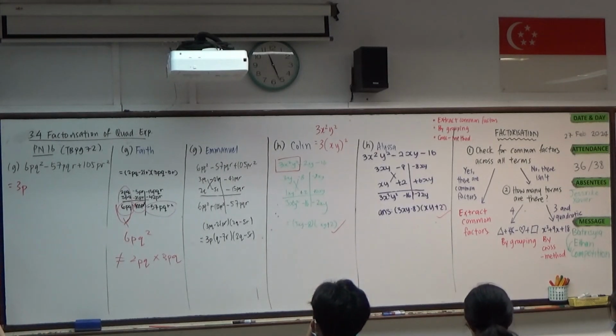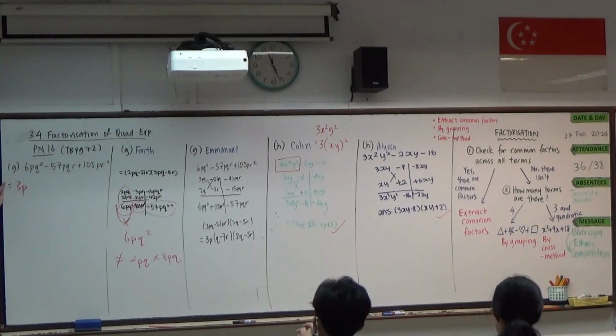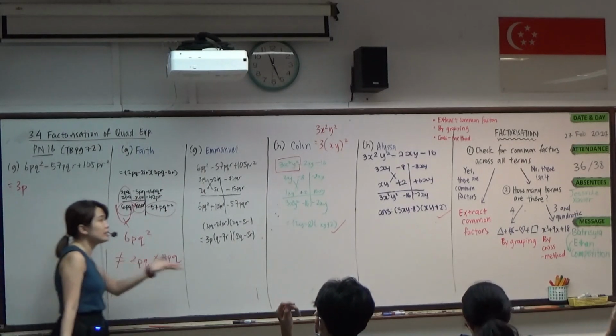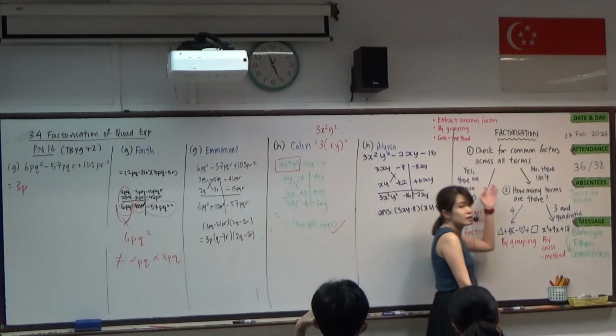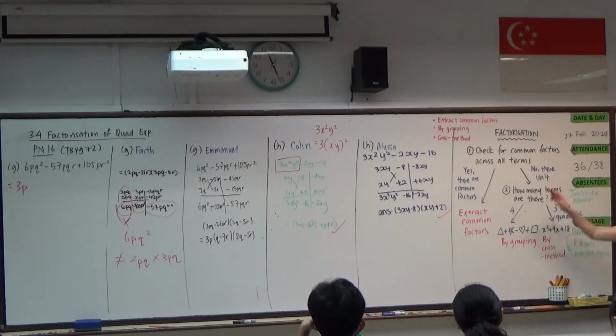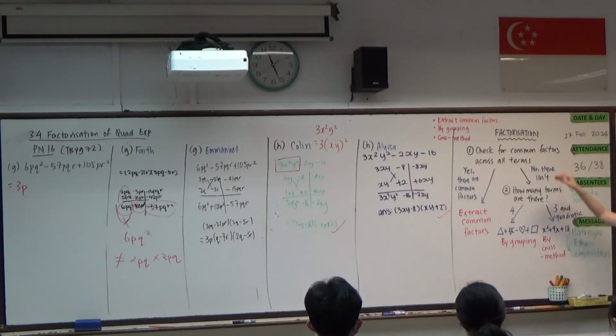With such an elaborate expression, you should really go and check for common factors. You must have a very fixed way of doing things. It cannot be like today I follow this structure, tomorrow I follow a different structure. If you have a different structure every day, you will not build a routine.